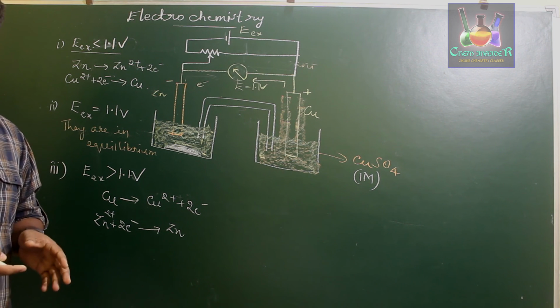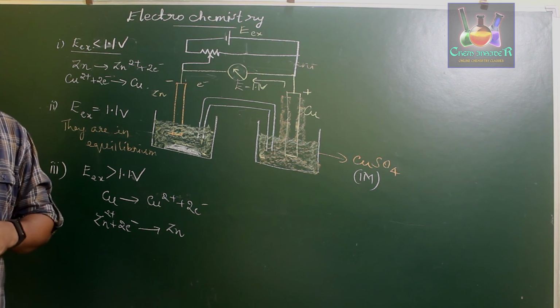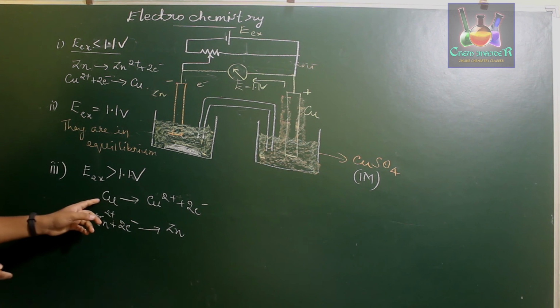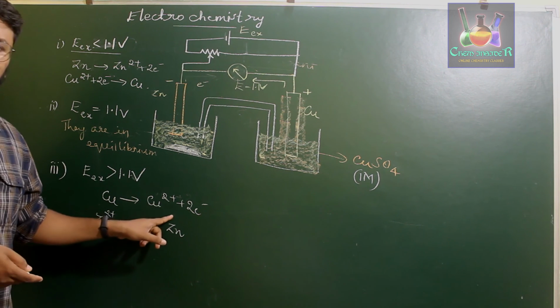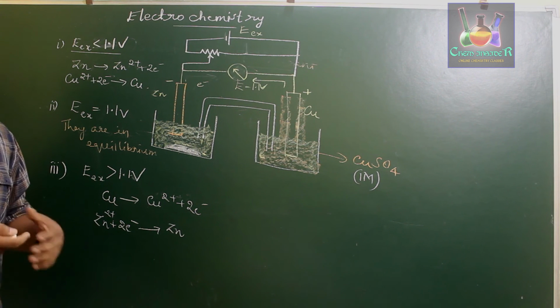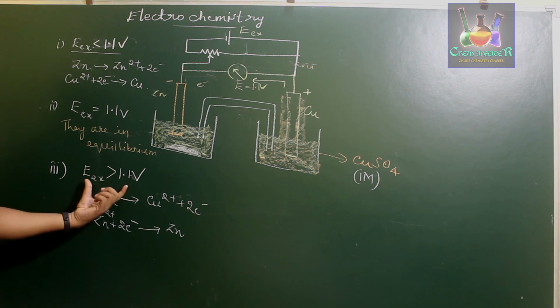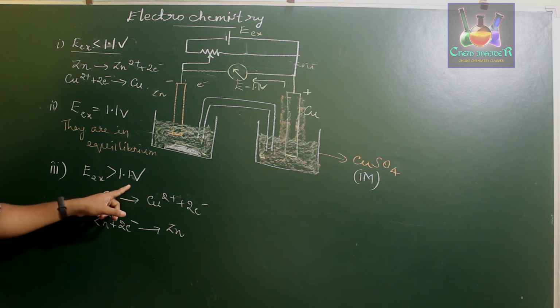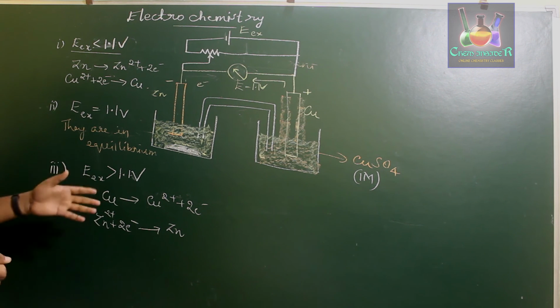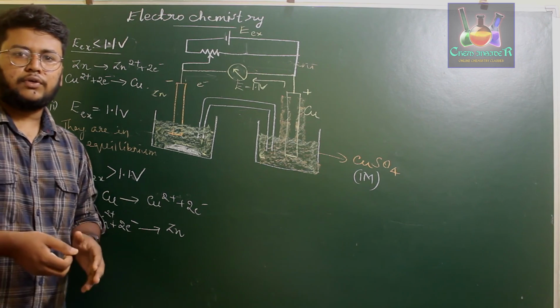Non-spontaneous means it requires external help to carry out the process. Here, to carry out the reaction of copper being converted to Cu2+ and Zn2+ being deposited as zinc, we require external help. That external help is nothing but the external potential applied, which is greater than the potential of the Daniell cell. So this is all about the introduction of electrochemistry.